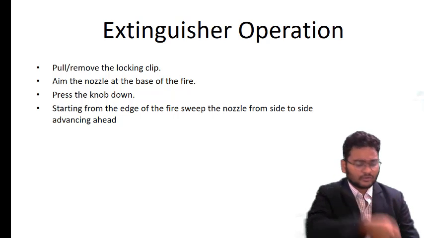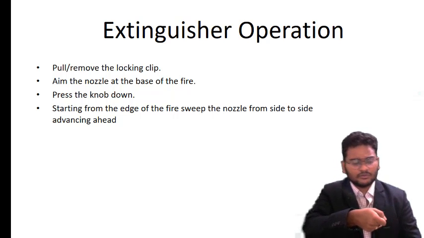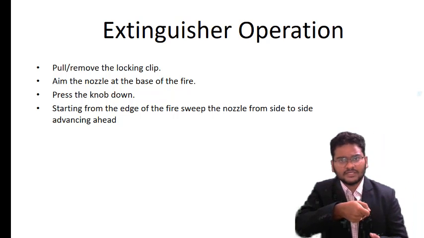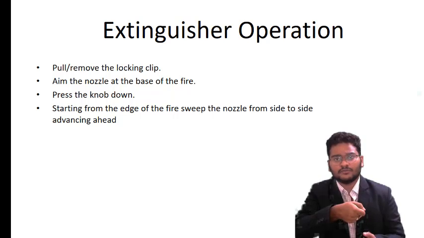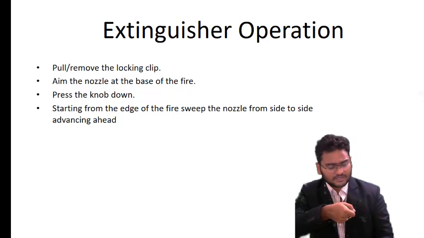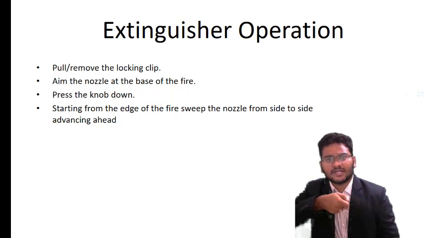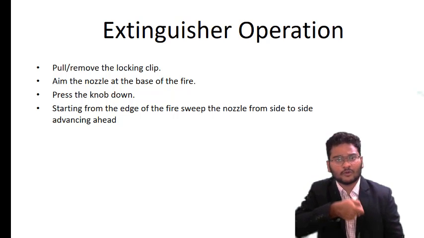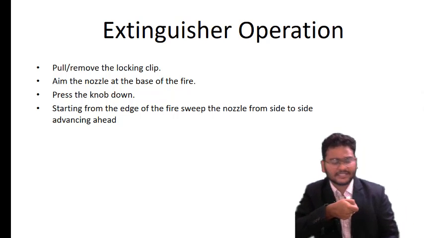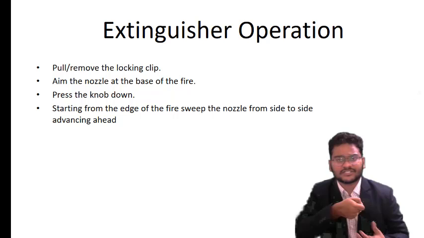Then we have to face the extinguisher straight at the base of the flame, stretch it, and release. So we operate it at exactly the right angle to the flame.